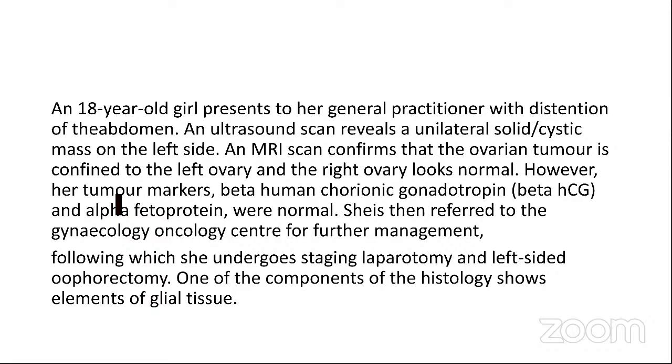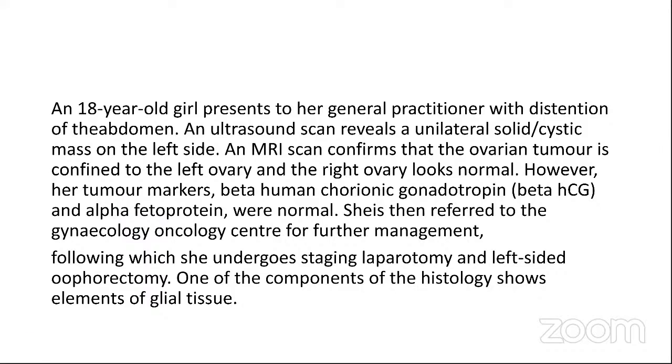An 18-year-old girl presents to her general practitioner with distension of the abdomen. Ultrasound scan reveals a unilateral solid cystic mass on the left side. MRI scan confirms that the ovarian tumor is confined to the left ovary and the right ovary looks normal. However, her tumor markers, beta HCG and alpha fetoprotein, are normal. She is then referred to the Gynecology Oncology Center for further management, following which she undergoes staging laparotomy and left-sided oophorectomy.